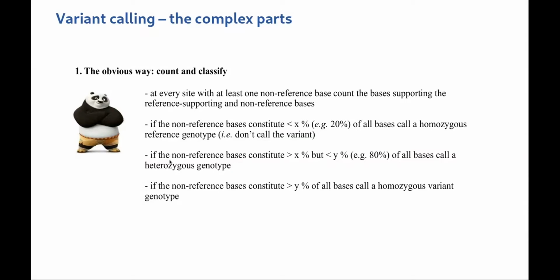And then finally, if the non-reference bases constitute more than this threshold of 80% of all reads, that's when we decide to call a homozygous variant genotype. And with this very simple adjustment, we have a decent genotype caller available, right?